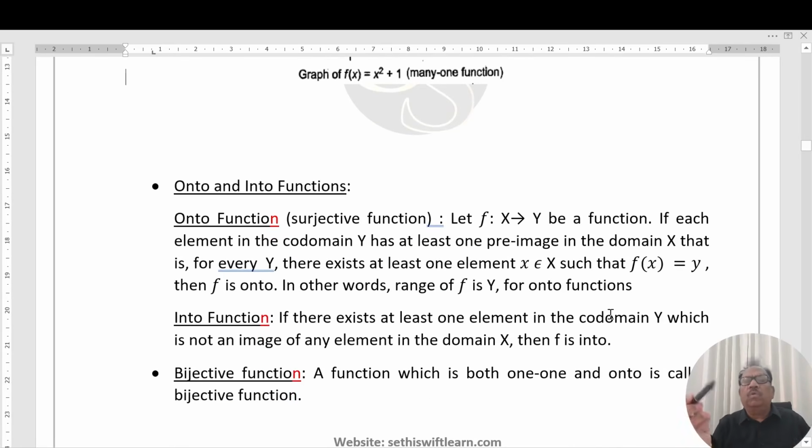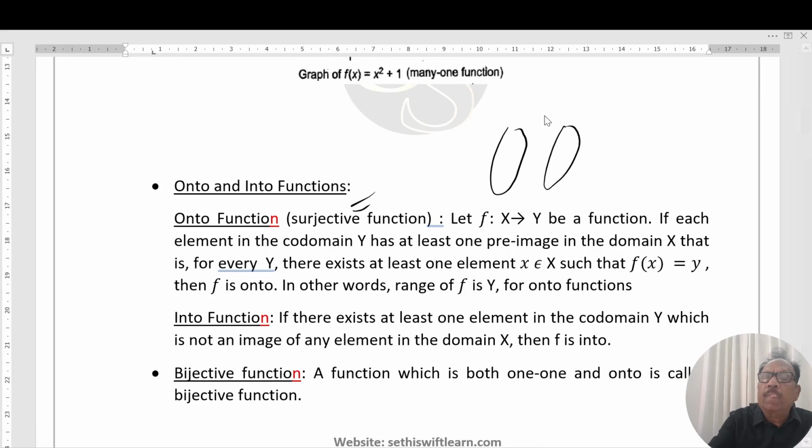Next, onto and into functions. Onto is also called surjective. Let f from X to Y be a function. If each element in the codomain Y has at least one pre-image in the domain X, it is onto. Each element means, suppose this is given to you: 1, 2, 3, 4, 5.